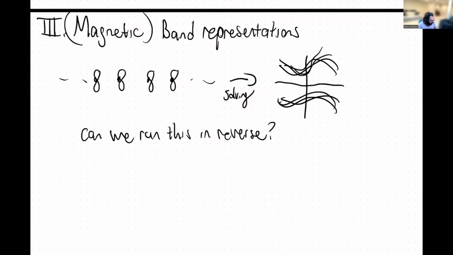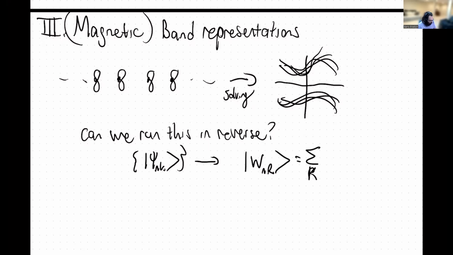So what we might want to do is take some set of our Bloch eigenstates, do a Fourier transform, and form a set of functions that I'll call W, that are known as Wannier functions.